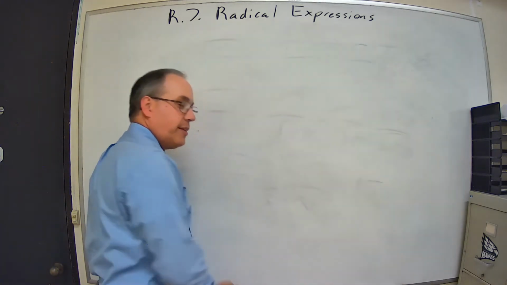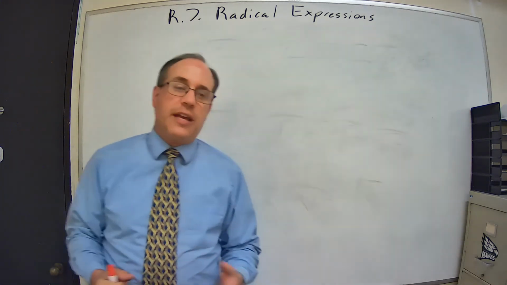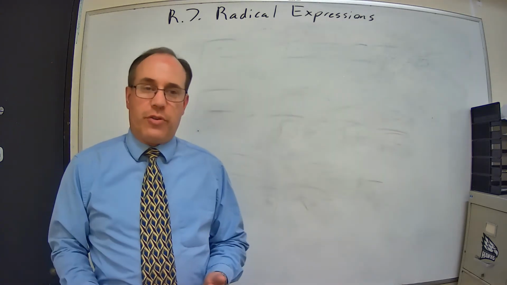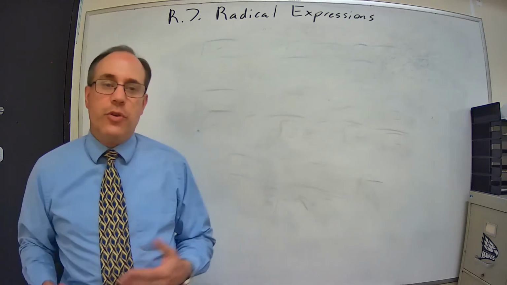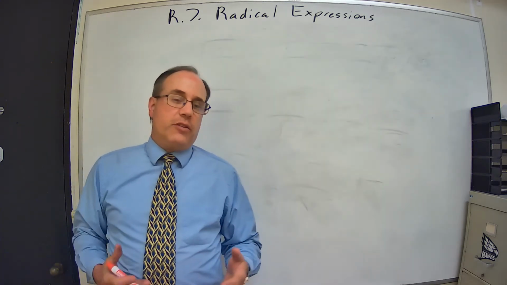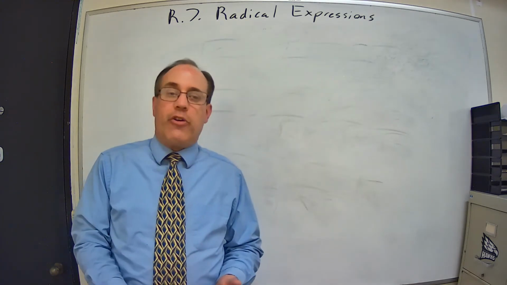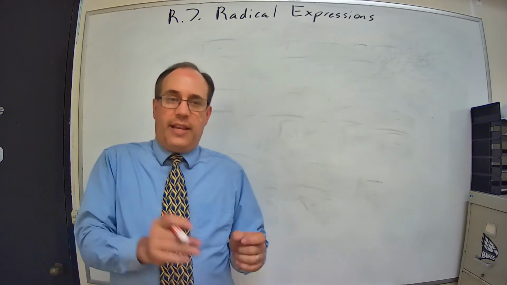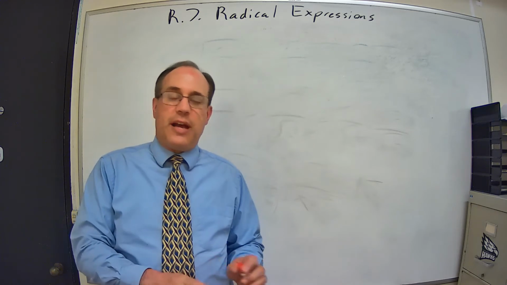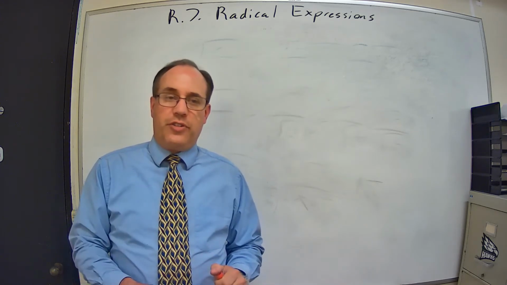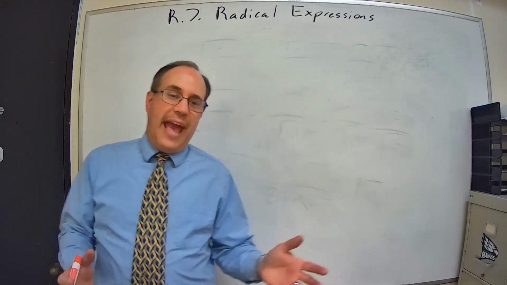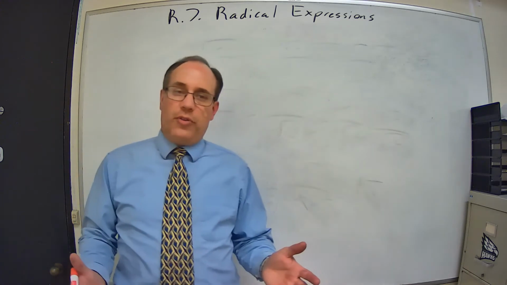One thing that I like to do as I'm going through different things is I like to point out where common errors occur. There are a number of things that we do in mathematics that can create an error for us. So if we can be careful and follow some basic steps, we can kind of avoid those issues. It's kind of like when we were dealing with adding or subtracting polynomials.